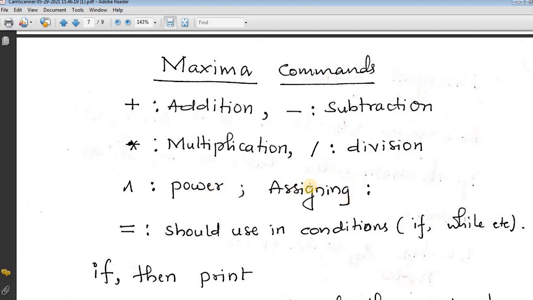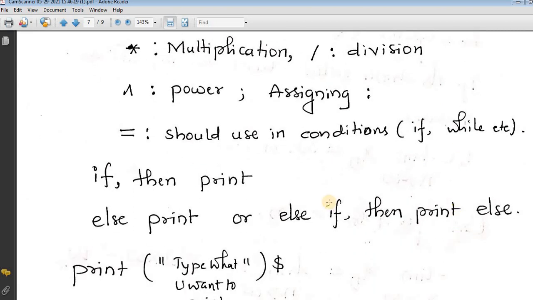Suppose any value is assigned to some unknown or variable, then I will use the colon. The equal symbol is used in conditions, such as if, while, do while. When I am using conditional statements, I have to use the equal symbol. Whenever we are using an if statement, first we have to use if, then print.